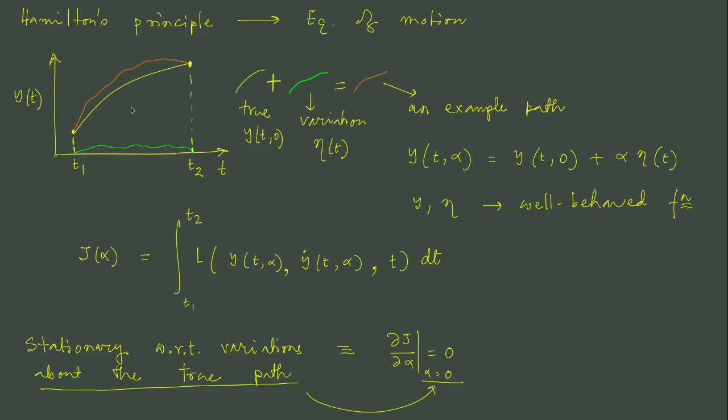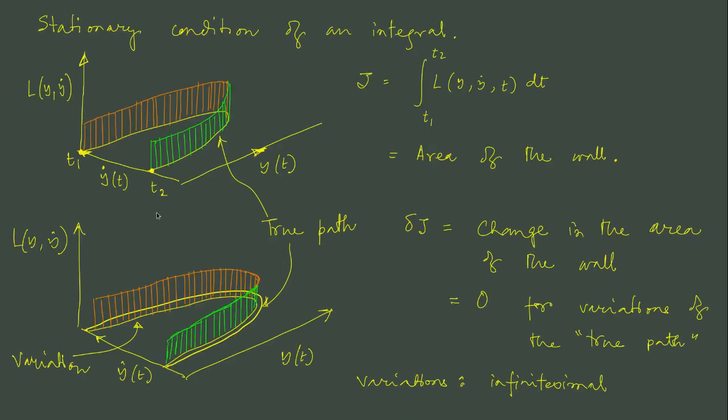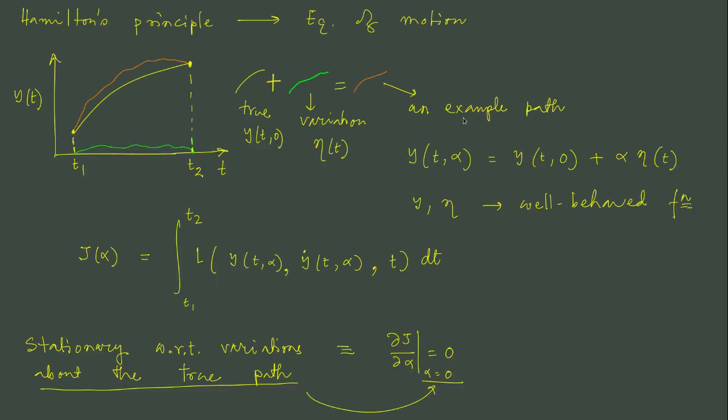I mean, of course, the variation will have to be infinitesimal. And I would like to show you this Hamilton's principle, very simply geometrically speaking, that the area does not change. That leads us to the equation of motion.